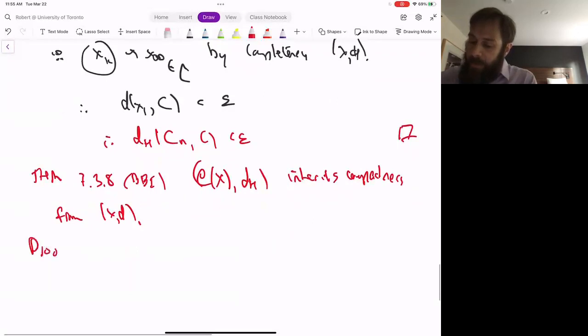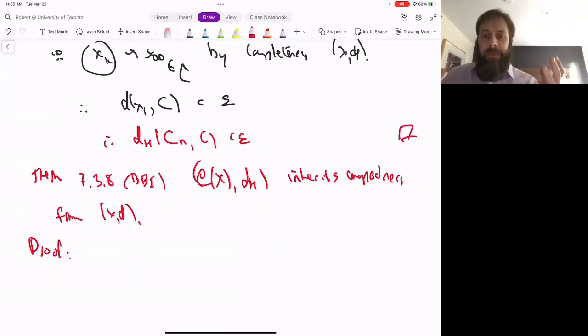And so we talked yesterday about how once you're in a complete metric space, compactness becomes equivalent to total boundedness, which basically means that you can find a finite covering by balls of radius epsilon for any epsilon.